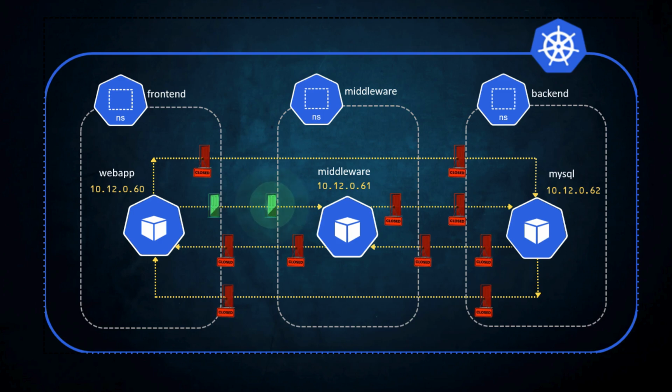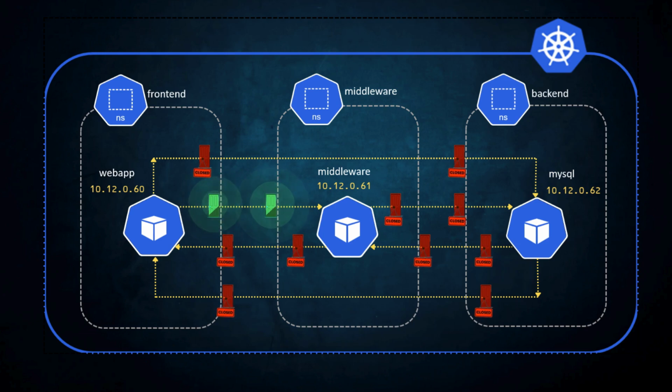First, the inbound door: the ingress policy that defines the middleware namespace needs an ingress rule saying middleware pods are allowed to accept traffic coming from the front-end namespace. And the other one is the outbound door: the egress policy that defines the front-end namespace needs an egress rule saying web app is allowed to send traffic out to the middleware namespace.